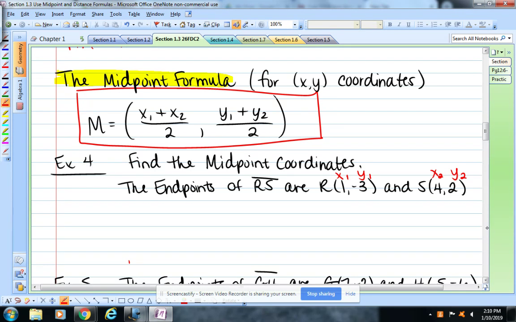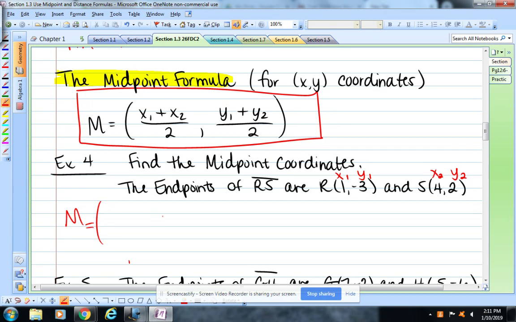First ordered pairs are the 1s. Second ordered pairs are the 2s. So, if I want to find the midpoint that is halfway between these 2 points on this segment, I'm going to add the x's and divide by 2 and add the y's and divide by 2. That's what you do. Add the x's, divide by 2, add the y's, divide by 2.